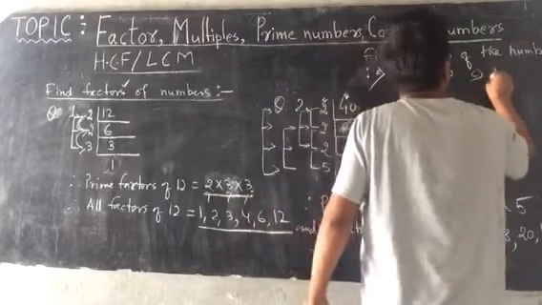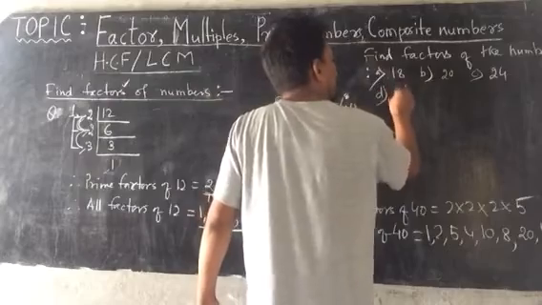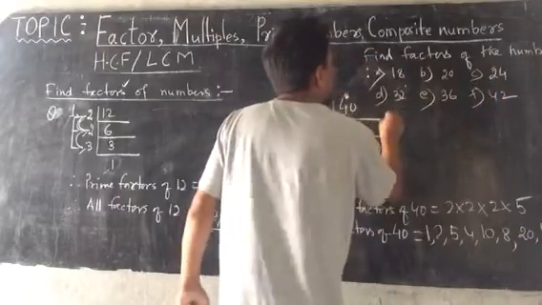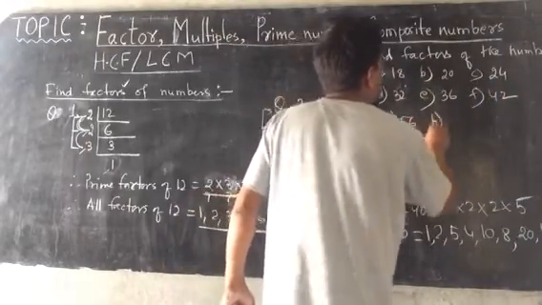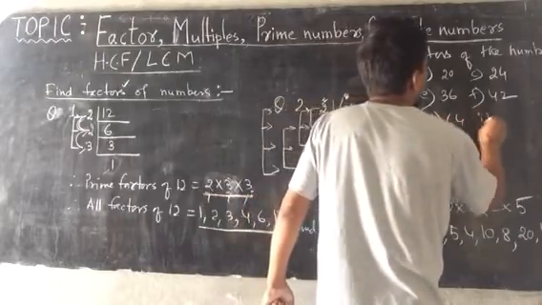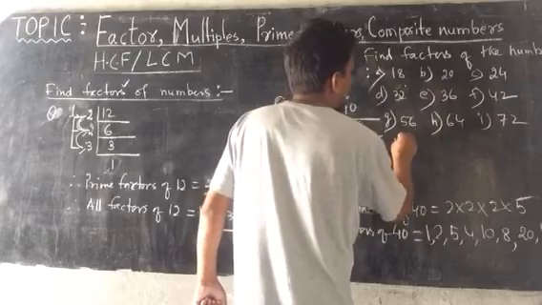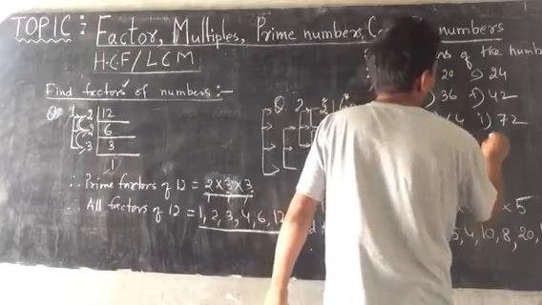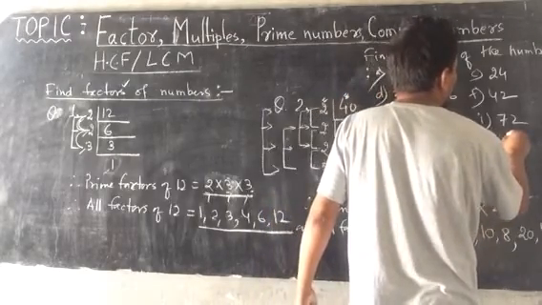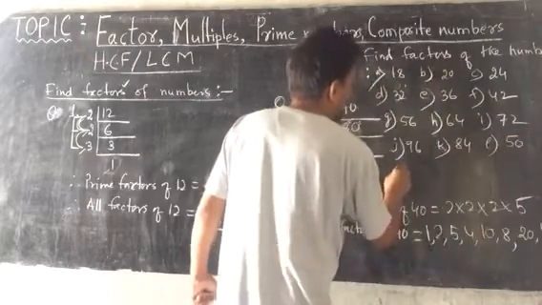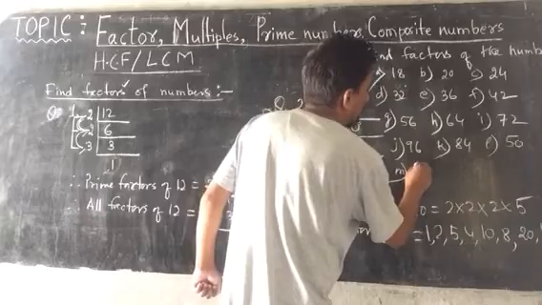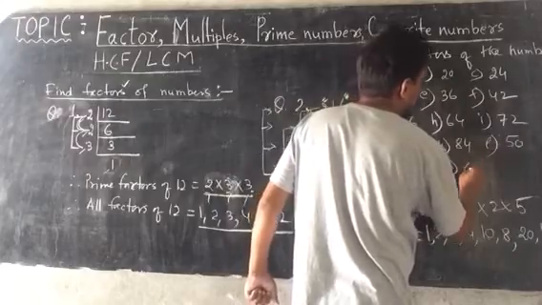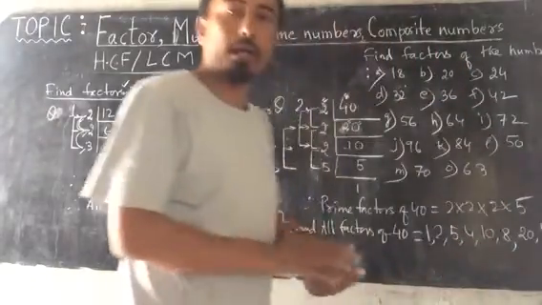Number 3, 24, D, 32, E, 36, F, 42, G, 56, H, 64, I, 72, J, 96, K, 84, L, 50, M, 70, N and O, 63. This much. Okay, this is your homework.